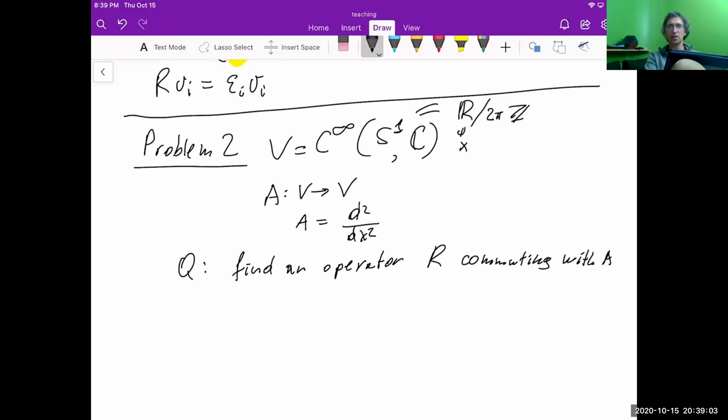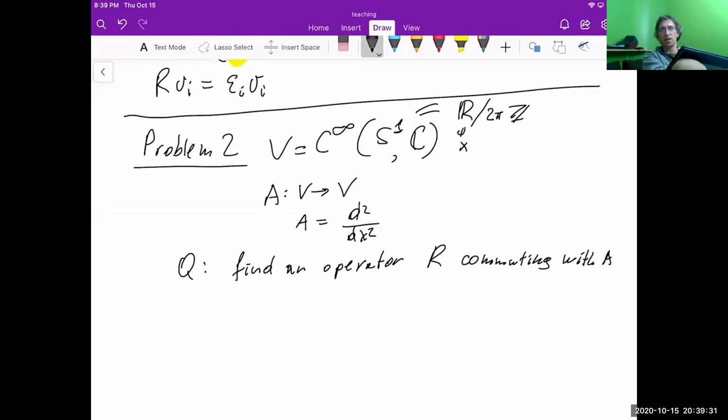So if anyone can guess something, can you write it in chat or say? So is there any operator which commutes with derivatives?